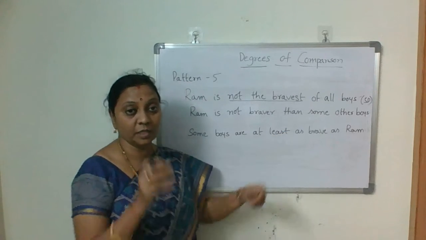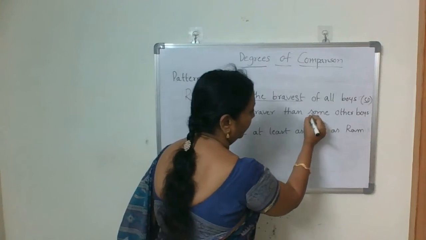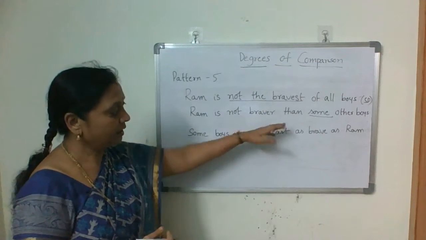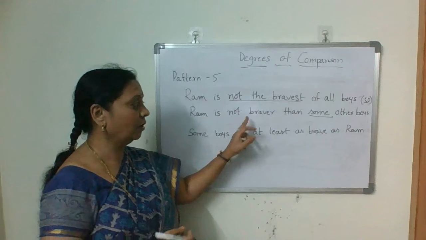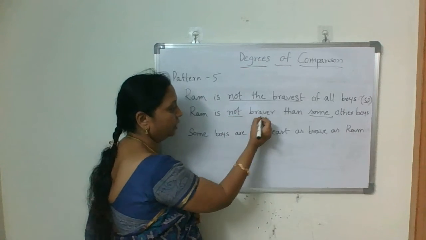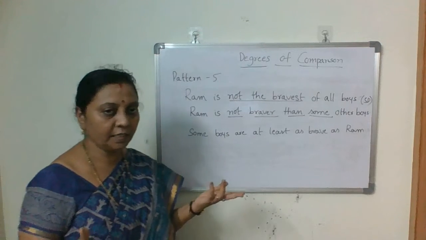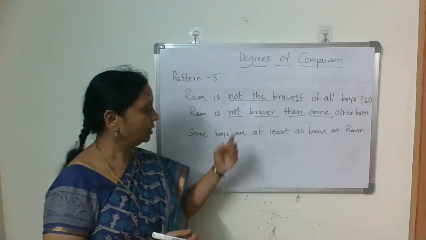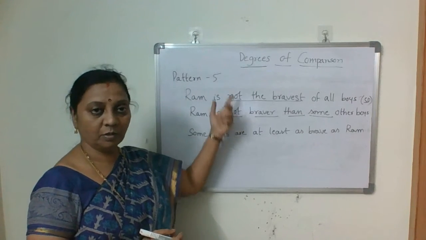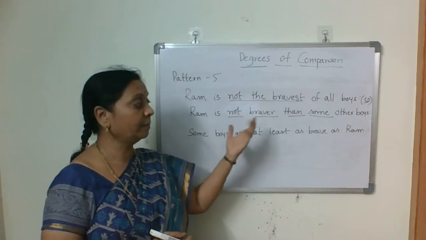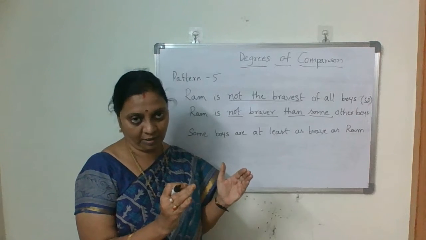Here now we are using "some other". Ram is not braver than some other boys. In comparative form we have to use negative, because it is negative in superlative degree. We are taking the same.